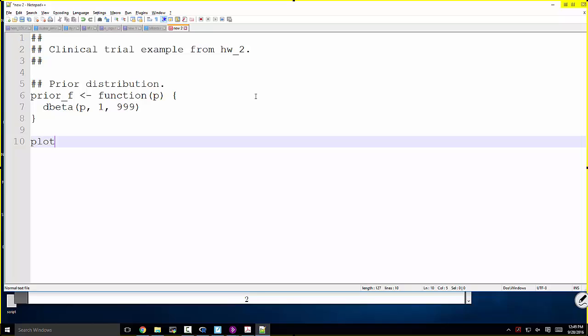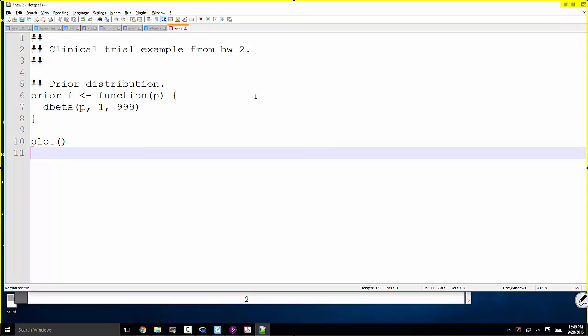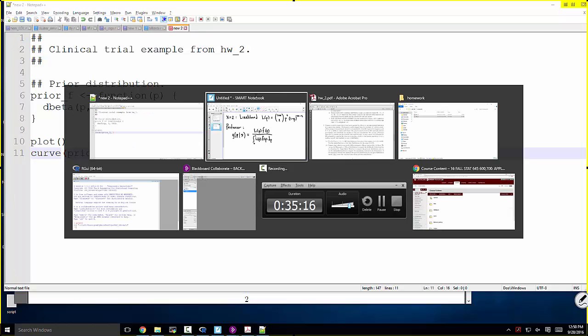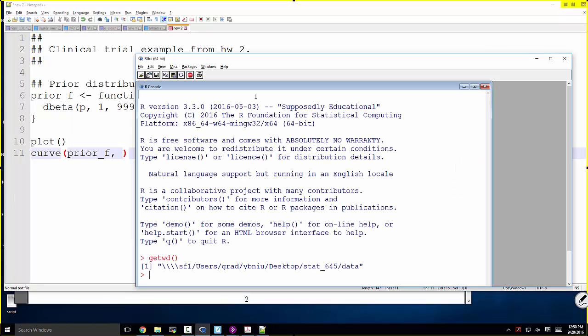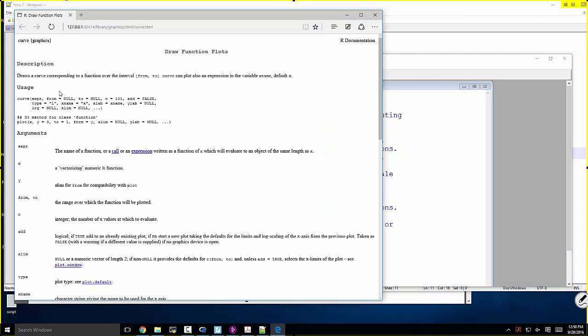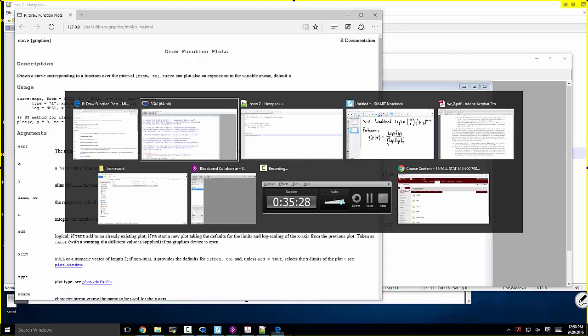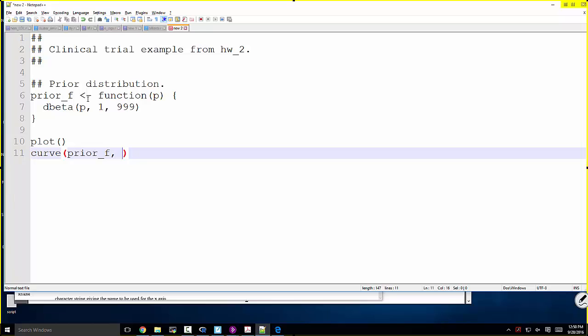I'll set up an empty plot, and then I'm going to use the curve function to plot it. I can say curve prior f, and then the arguments are from 0 to 1, because the p can be any number between 0 and 1.